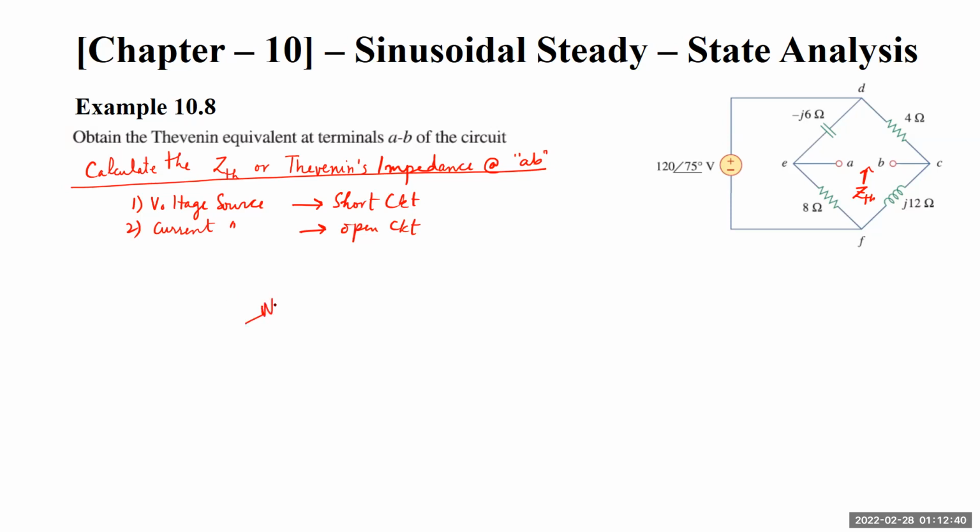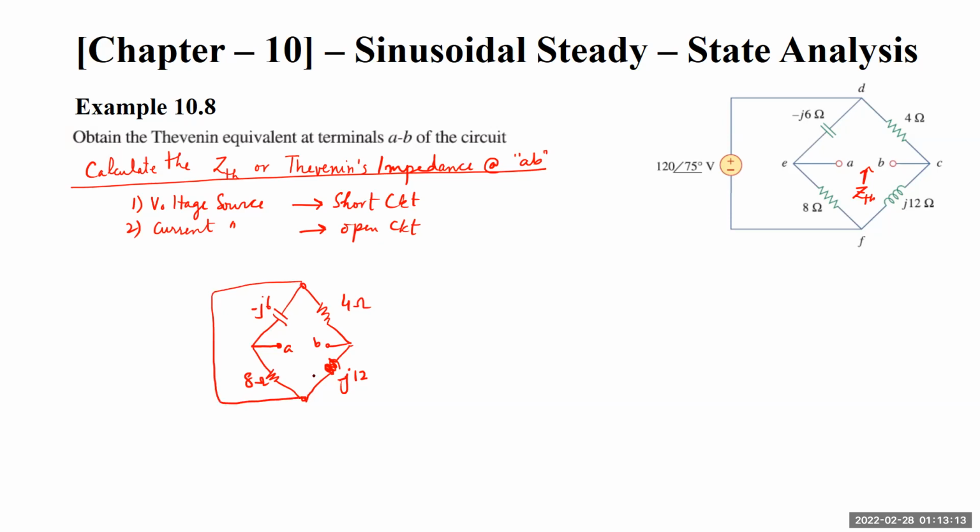We have a bridge network. We have a capacitor over here, we have a resistor over here. This is terminal A, this is terminal B. This is j12, this is 8 ohms, this is minus j6, this is 4, and this thing is shorted.